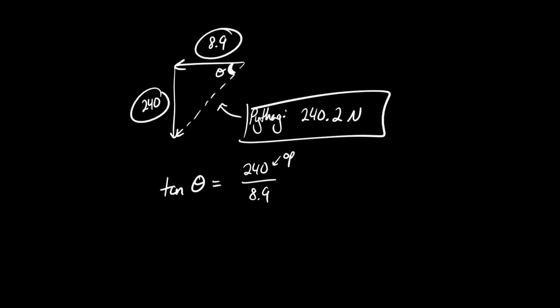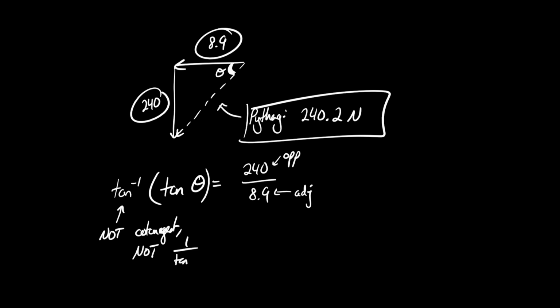This is the side opposite, this is the adjacent, and all you have to do is take the arc tangent of both sides. Now, if you didn't watch the trig video, I just want to point out again, this is not cotangent, and it's also not 1 divided by the tangent of something.